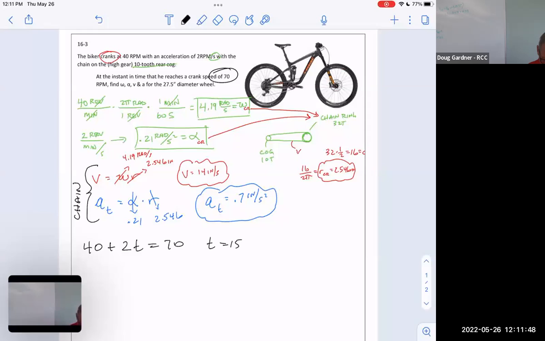Two RPMs per second. So in 15 seconds, that'd be 30 more added to the 40, it'd be 70. So does it make sense? I could have just said time is 15 seconds as the snapshot, but maybe the biker doesn't know that. He just knows he's moving from one crank speed to another.